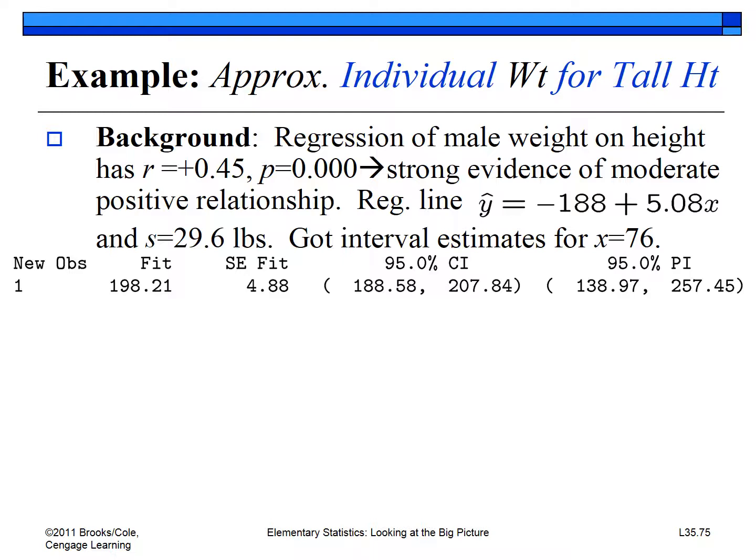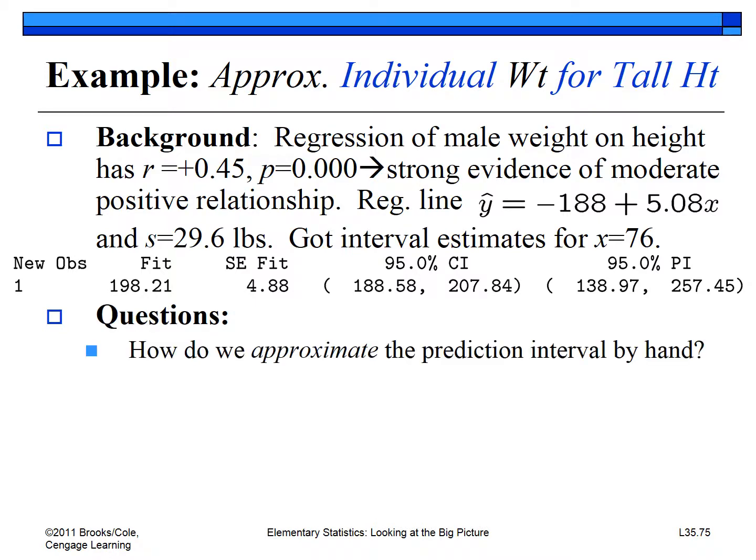Now, again, looking at these same intervals, the confidence interval and the prediction interval for a person with height 76 inches, how could we get that interval by hand? Is our by hand approximation close to the actual value that we expected?